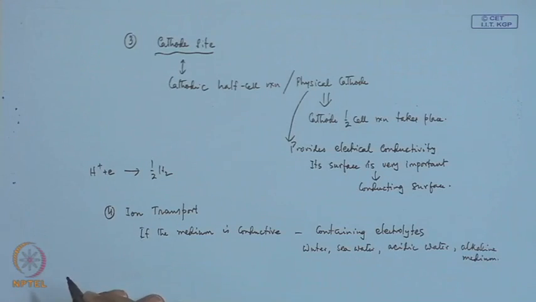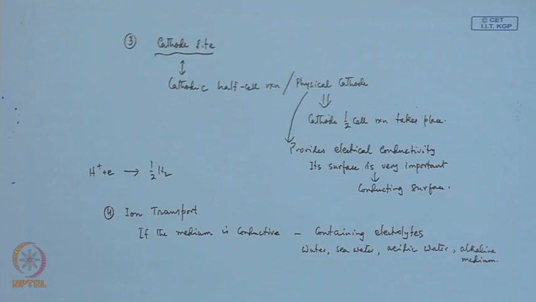The greater the ionic flow capability of the solution, the greater is the corrosion rate. So, that means when the conducting property of your solution is high, then the rate of corrosion is also high.